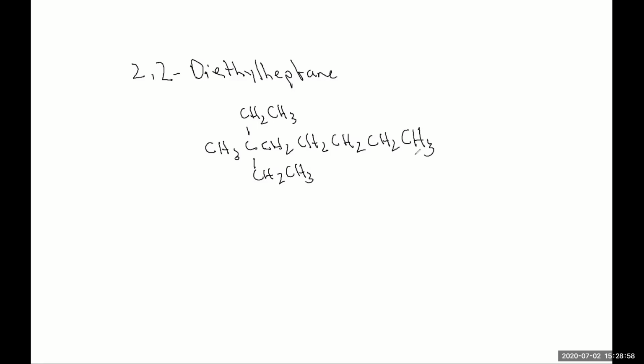Okay, but the longest chain is not like we've written it. The longest chain would be looping around to one of the ethyl groups, which is 1, 2, 3, 4, 5, 6, 7, 8. It's 8 carbons. So the parent compound is octane, not heptane.